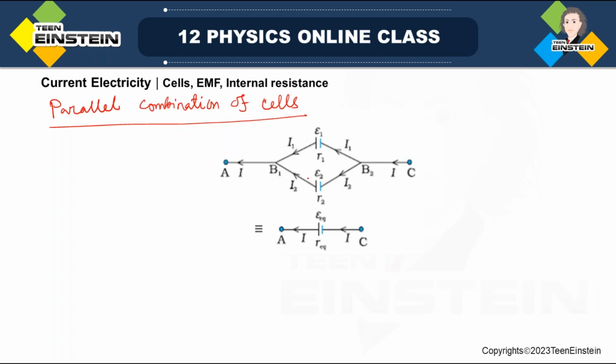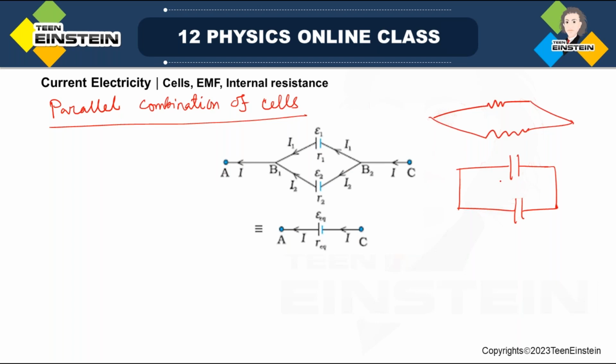As I discussed earlier also, whether it is resistors or capacitors or these cells, since their terminals are connected to the same potential, or in other words, since the same potential is across all these components, in this case the current will be divided into two branches.